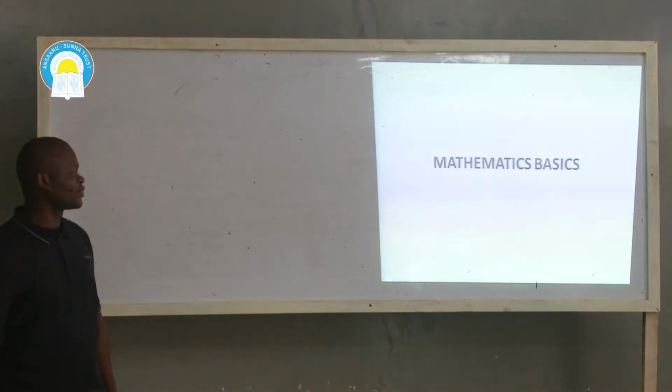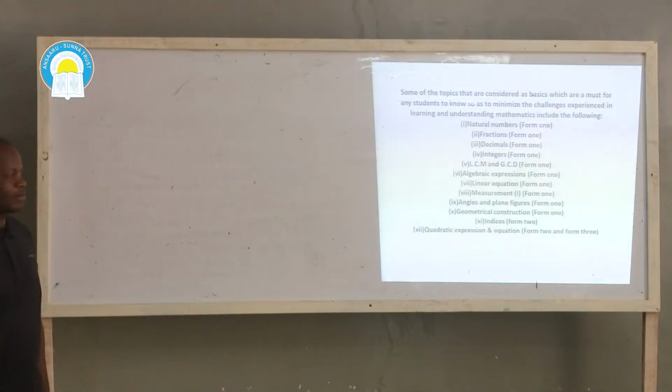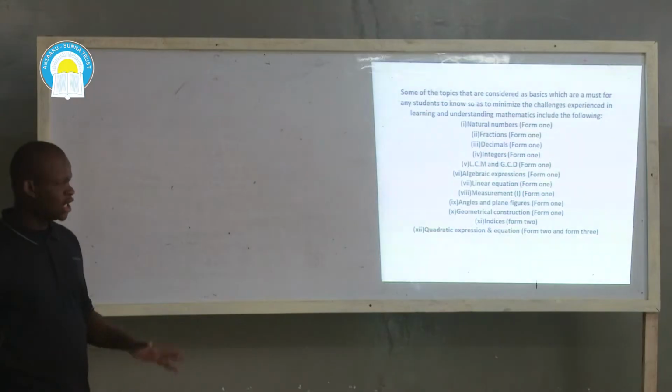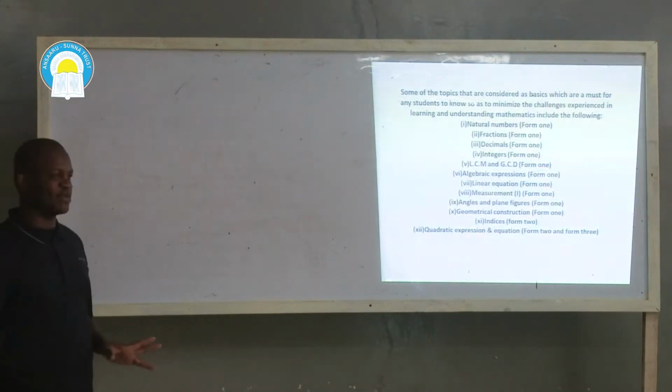So we just want to go through the basics, which I believe will help us be able to do well in maths. So just to mention a few things, we have some topics which I consider to be basics, meaning if at all you have an issue with these topics, most likely you are going to struggle throughout in mathematics.